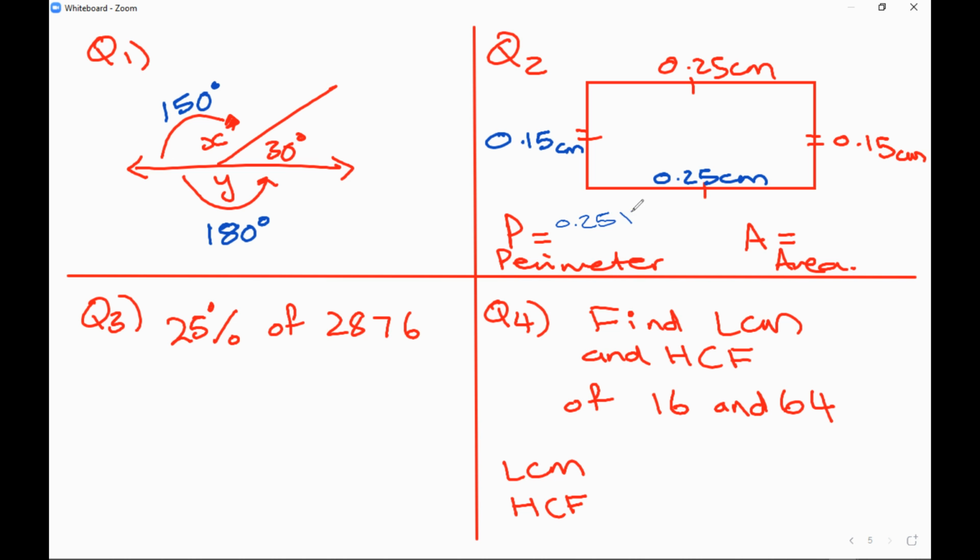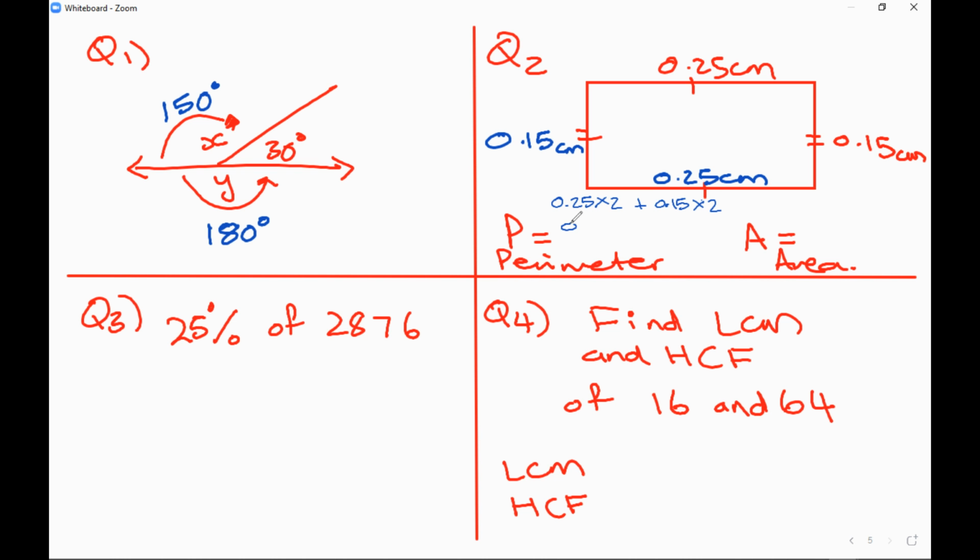So I'm going to go 0.25 times 2 plus 0.15 times 2.